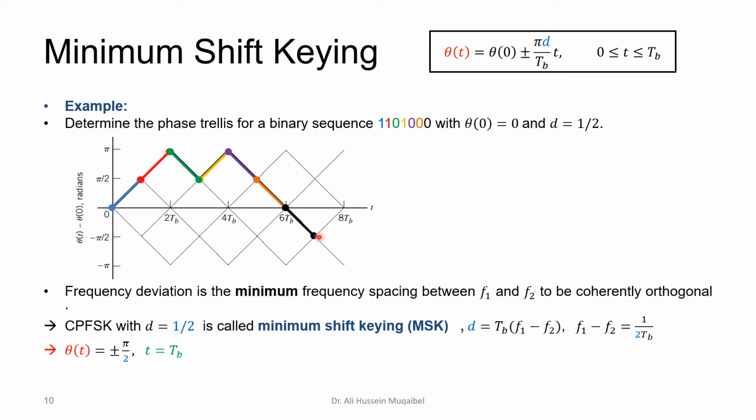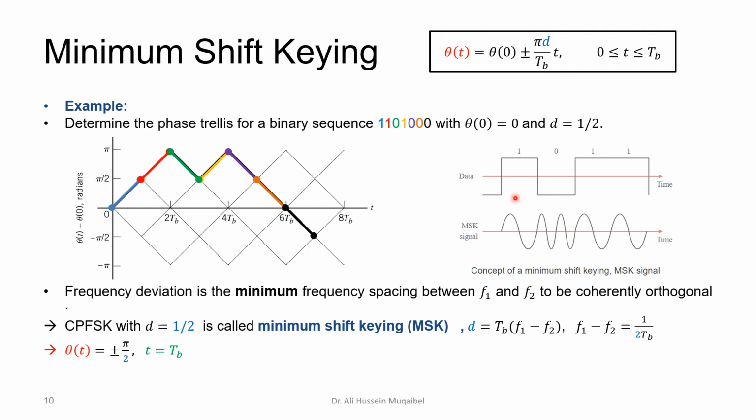That's it. I'm just showing here another example which has nothing to do with this data stream, but to show that the waveform will have low frequency for 1, high frequency for 0, so that's the frequency part, and the phase would be chosen properly so that we have continuous phase.